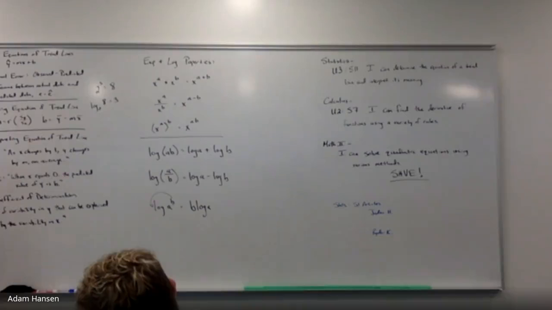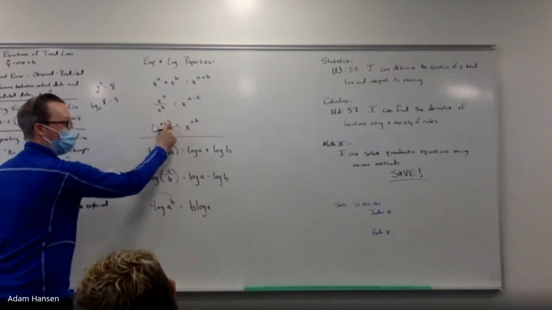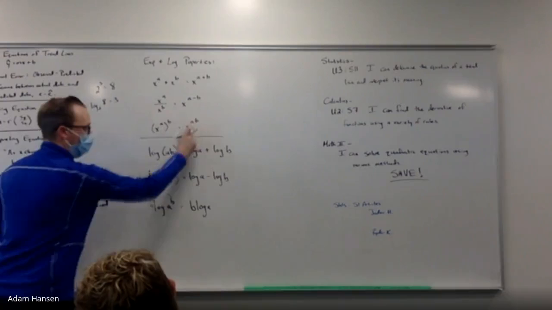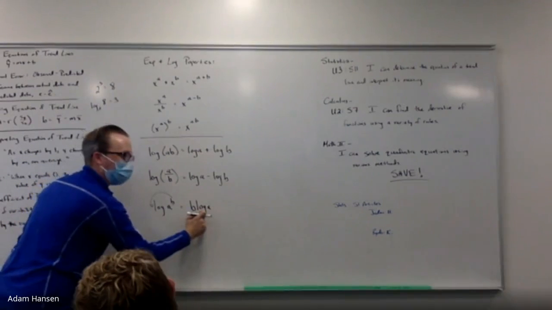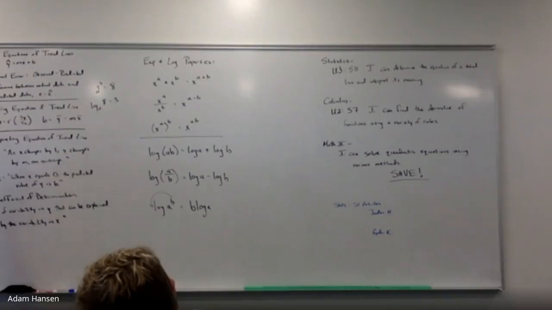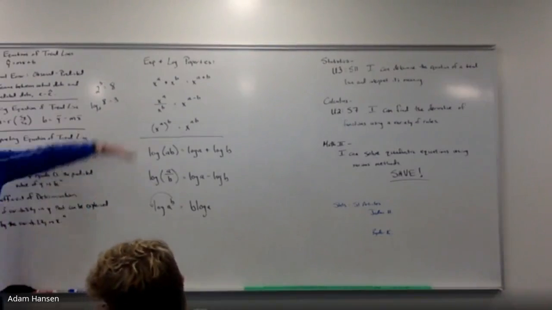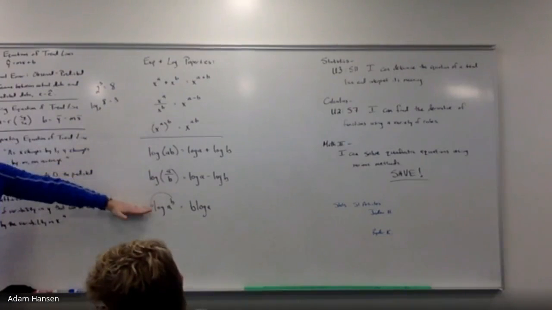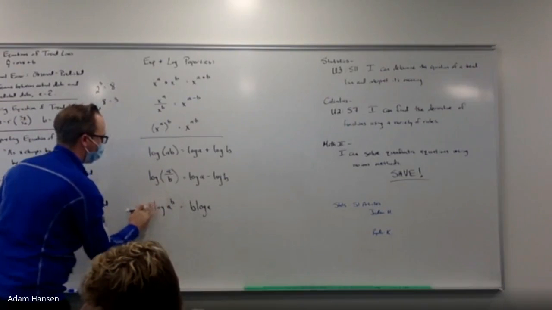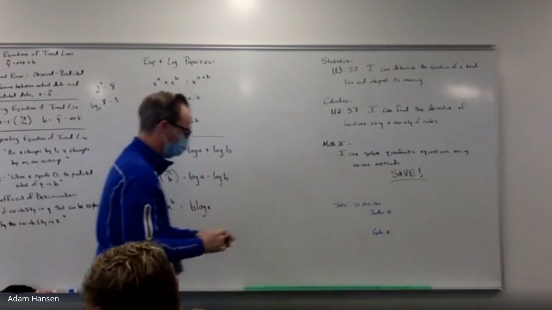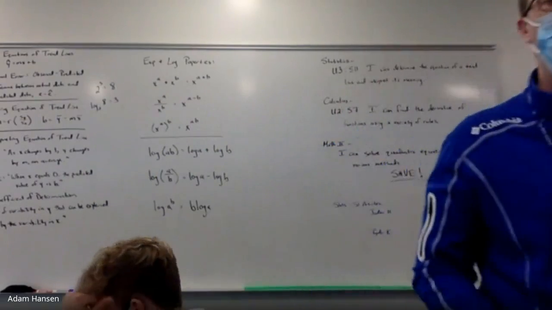When I have power to a power, I multiply these exponents together, a times b. So when I have a log to a power, I can multiply that power times the log in a similar manner. That same connection up in exponential form gets me this property down here in log form. Those may or may not be helpful, but it's always good to review.